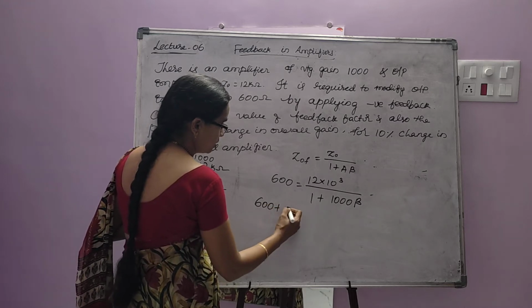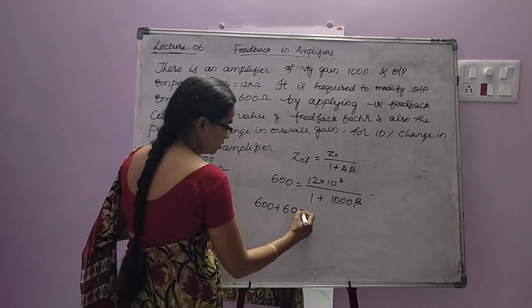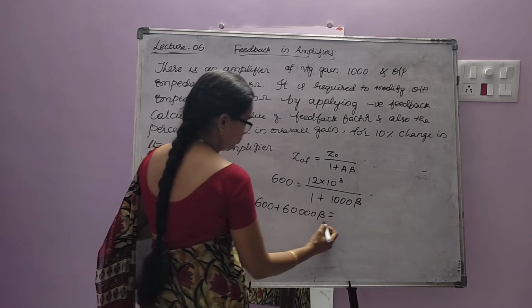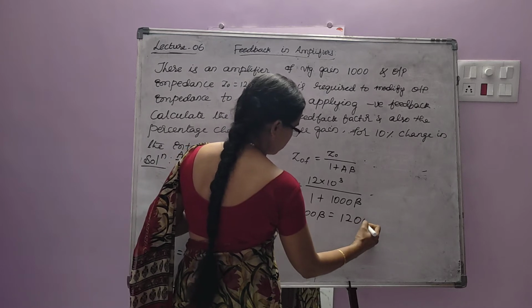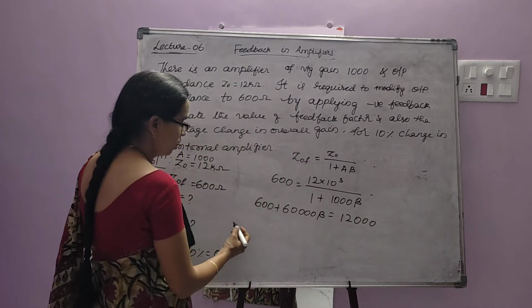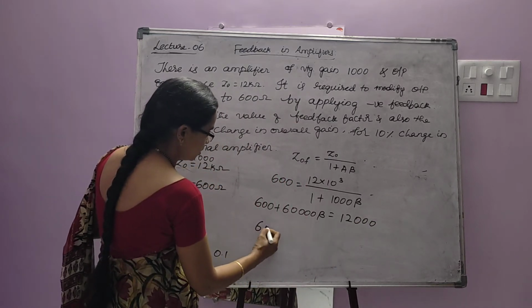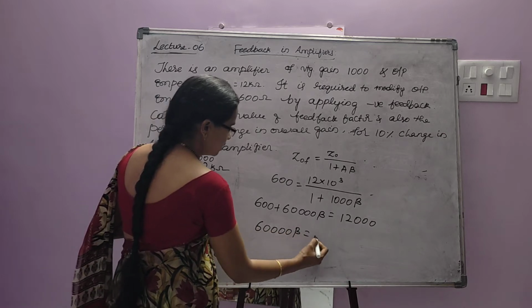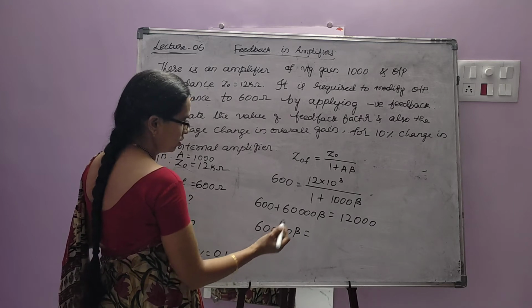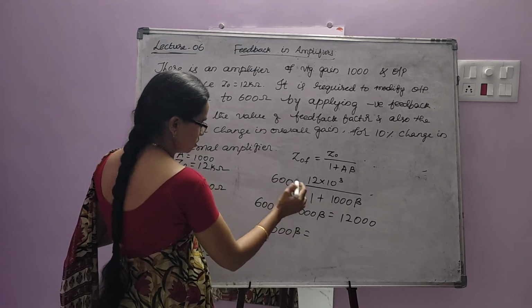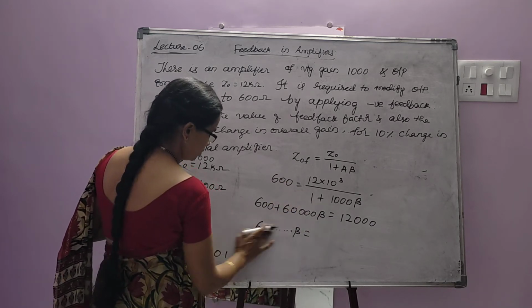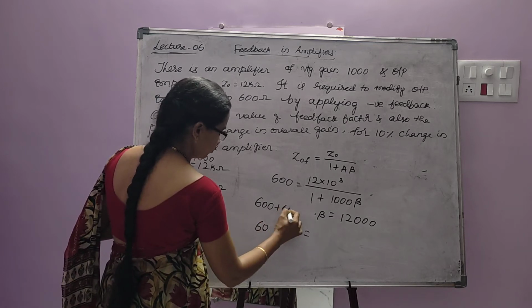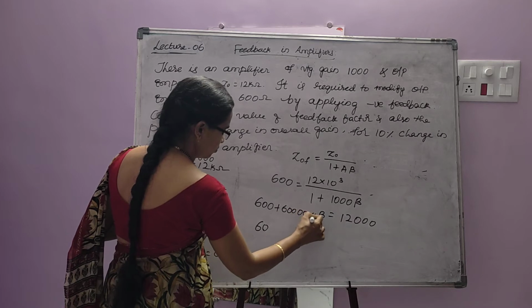600 plus 600,000 beta is equal to 12,000. It is not 60,000, it is 600 plus 5 zeros, 6 lakhs.